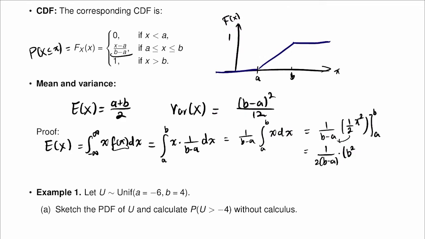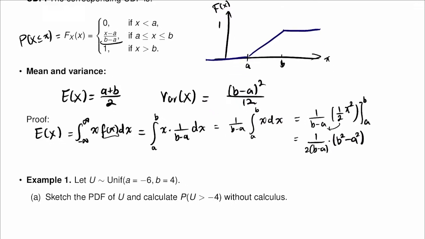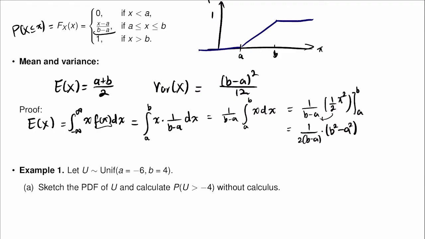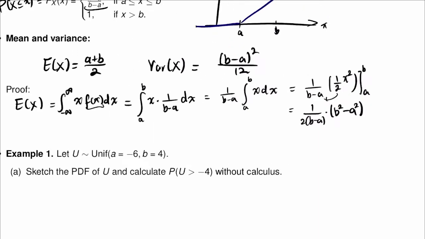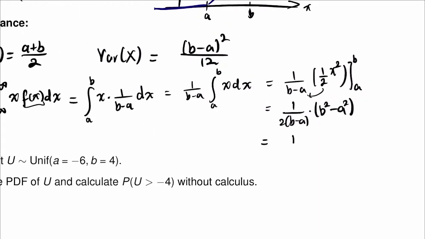It's b squared minus a squared, and if we do some algebra here, this is actually equal to 1 over 2 b minus a. And if we factorize this, it is b minus a times b plus a. And if we cancel out this and this, this is equal to a plus b, or b plus a, it's commutative, over 2. And that is the proof.